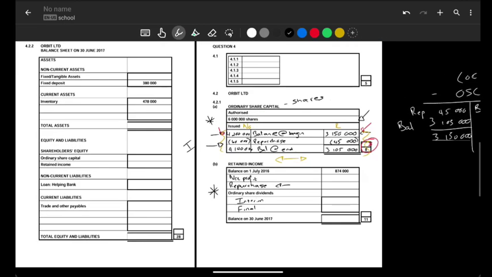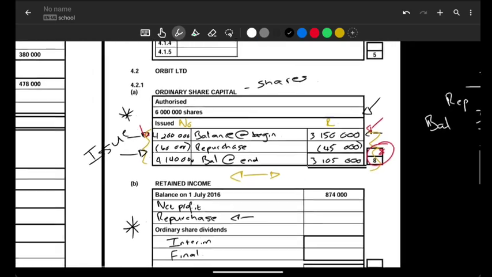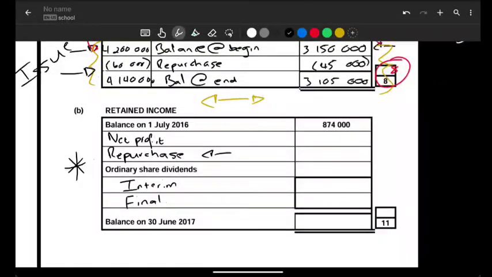Sorry about that. It will only change when you issue new shares, right? You're adding another line item, but besides that, nothing else changes. Retained earnings, if you don't repurchase shares, this line doesn't exist, but everything else stays the same, right?